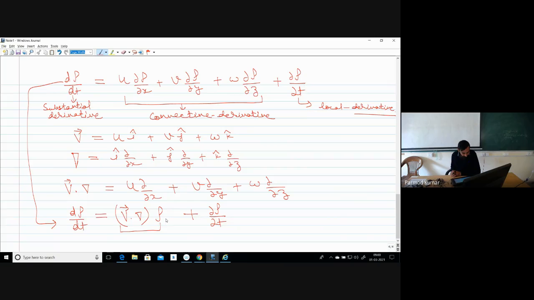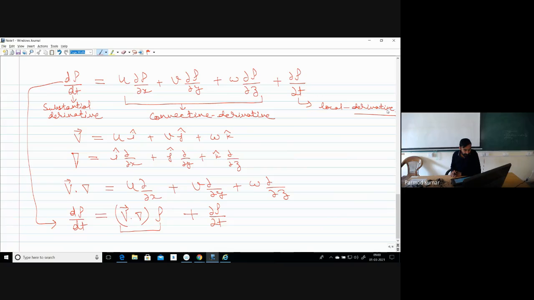Okay, now it is very important that mathematically we have understood that our substantial derivative, which represents the time rate of change of density of the fluid element while it is passing through some location, is given as d rho by dt, which is equal to the sum of the convective derivative plus the local derivative. But it is very important to physically understand what this really means.